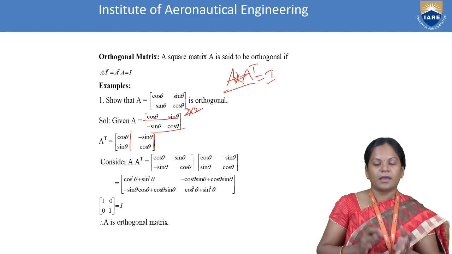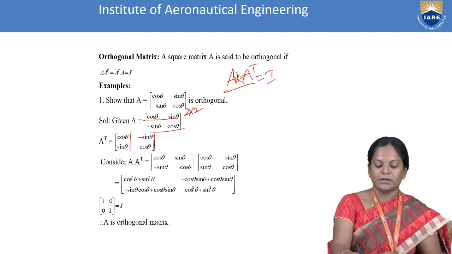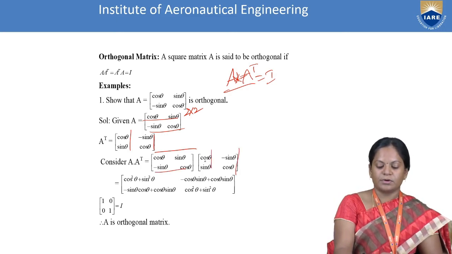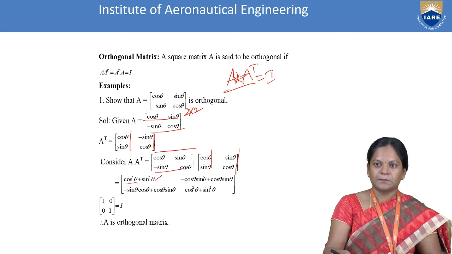Now multiply A and A transpose. We already know matrix multiplication. Take the first row and first column, second row and second column. Cos theta into cos theta gives cos square theta, sin theta into sin theta gives sin square theta. Similarly, consider the first row, second column: cos theta into minus sin theta plus sin theta into cos theta.